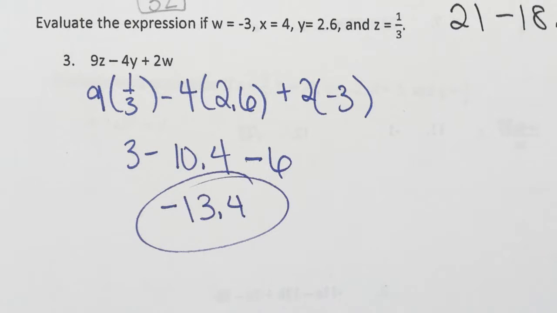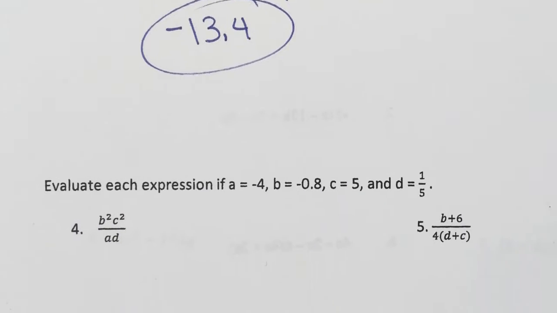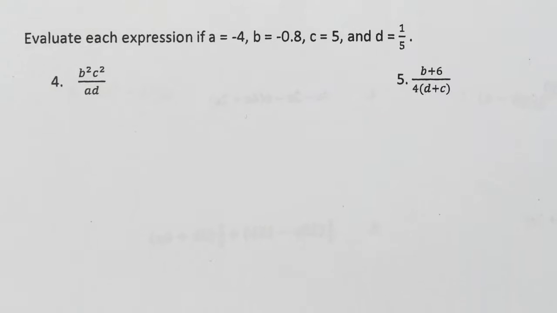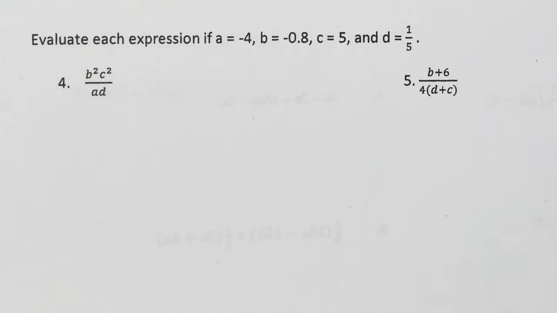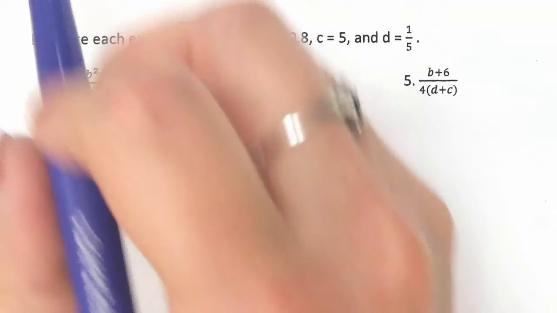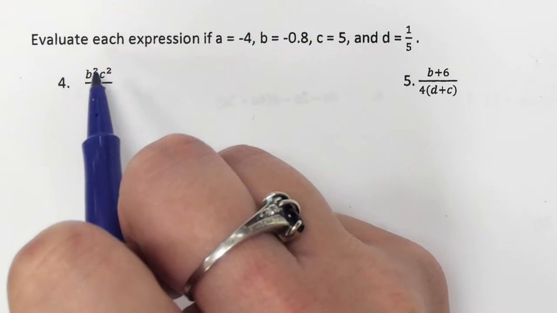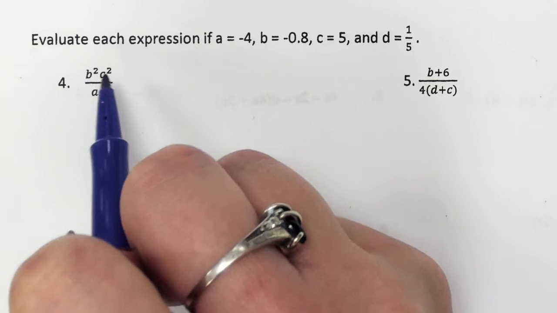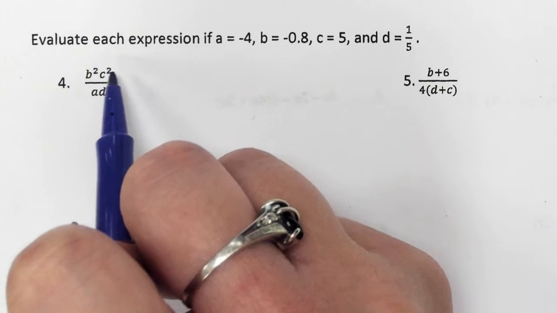The bottom 2 is probably where we started having a few issues. Okay, number 4. I want you to pay very close attention to number 4, because there's one just like it coming up in just a second. B is what? Squared. And C is also squared.